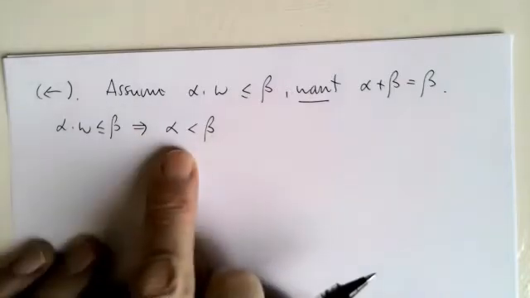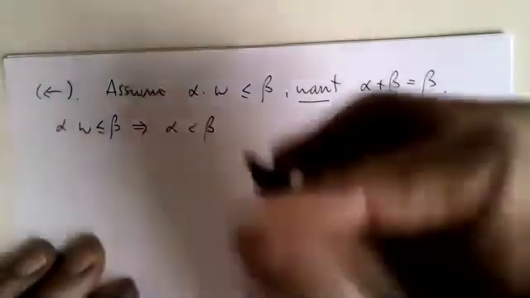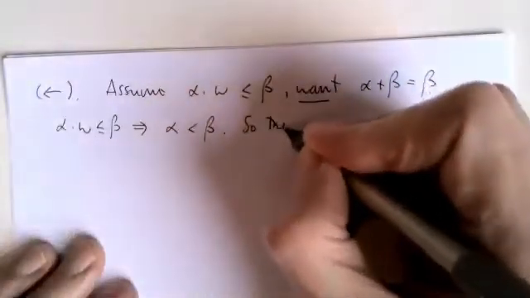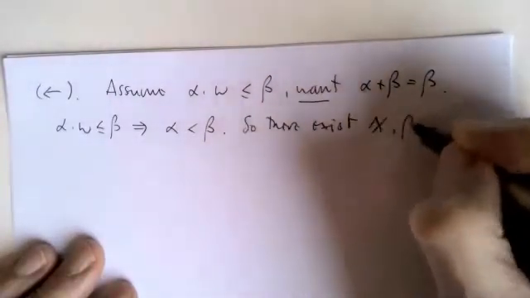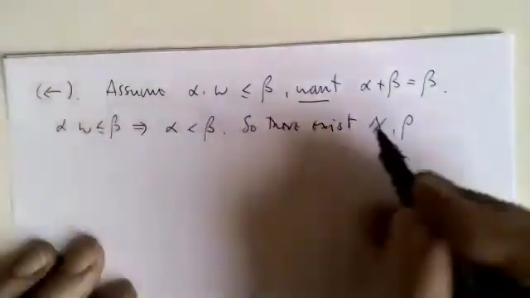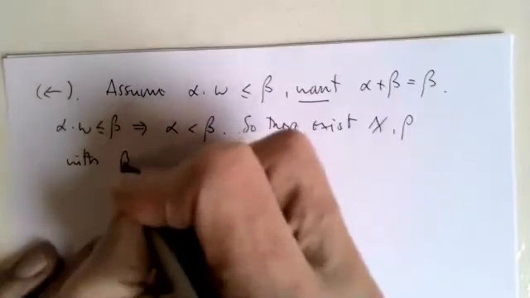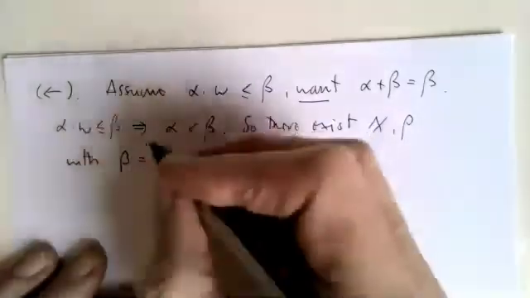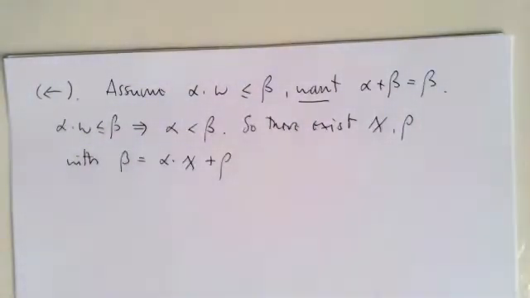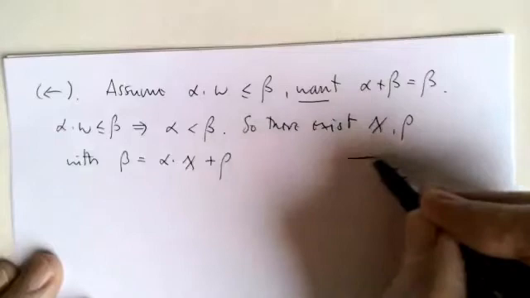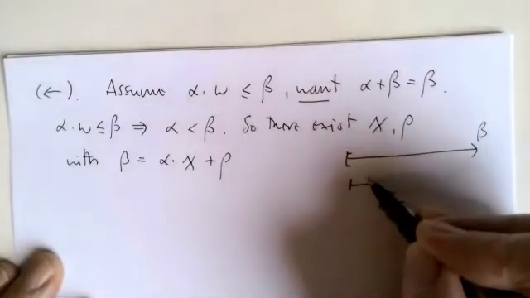So now I could just think of how many multiples of alpha plus a remainder I need to get beta. So there exists a chi and a rho, which gives us a quotient and a remainder here. So beta is then alpha lots of chi plus rho. So I'm thinking of, here's beta laid out, and perhaps here is alpha.